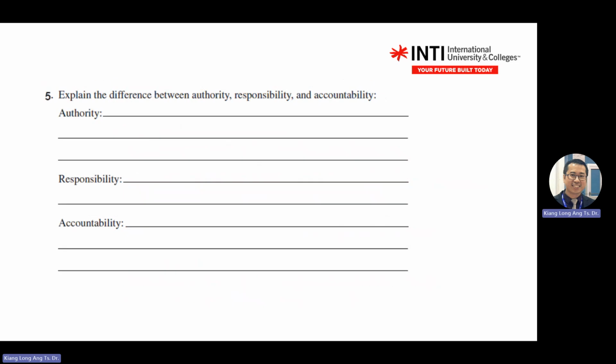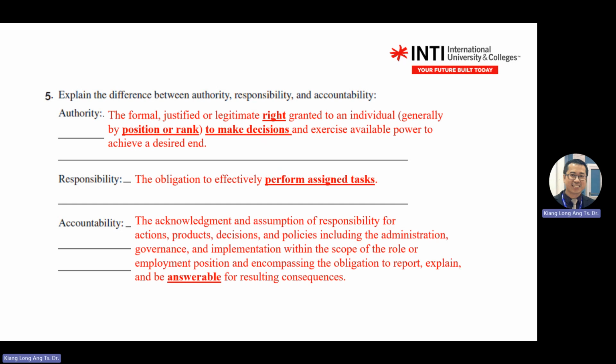Okay. Now same, I explain between these three things: authority, responsibility, accountability. This one is direct, you copy from the PowerPoint slides or in the Canvas. Just highlight the keyword only. If you can remember or memorize the full definition, it is good.